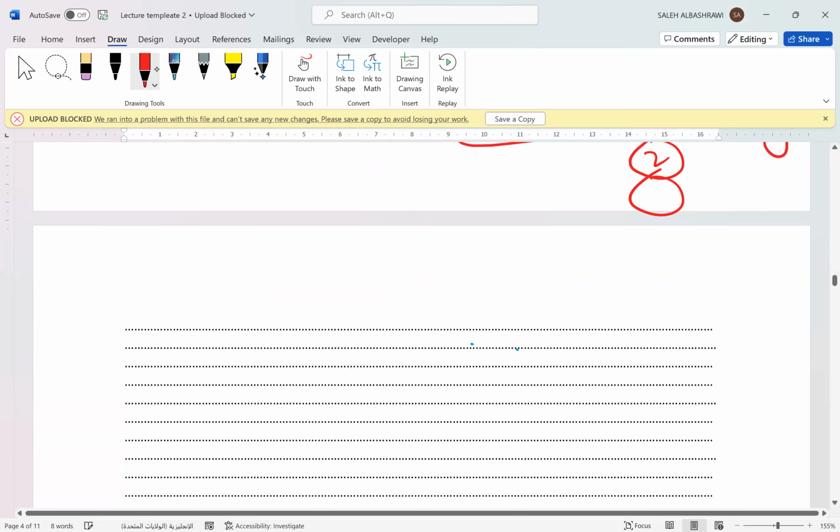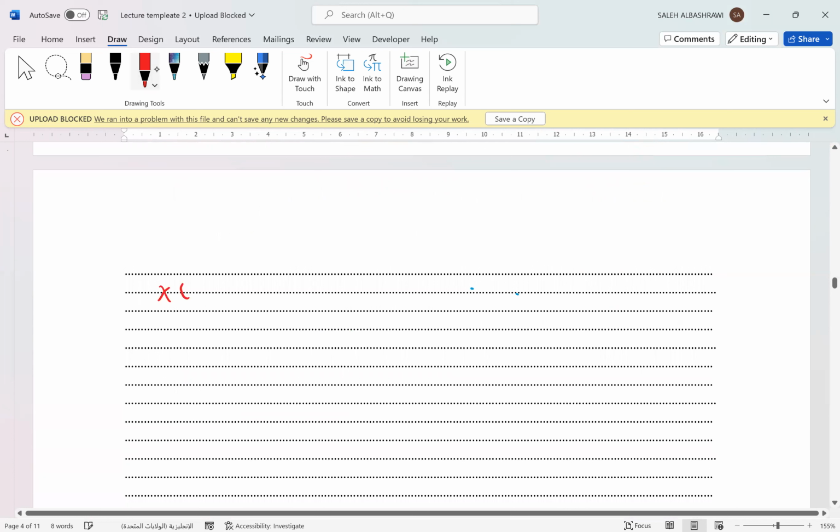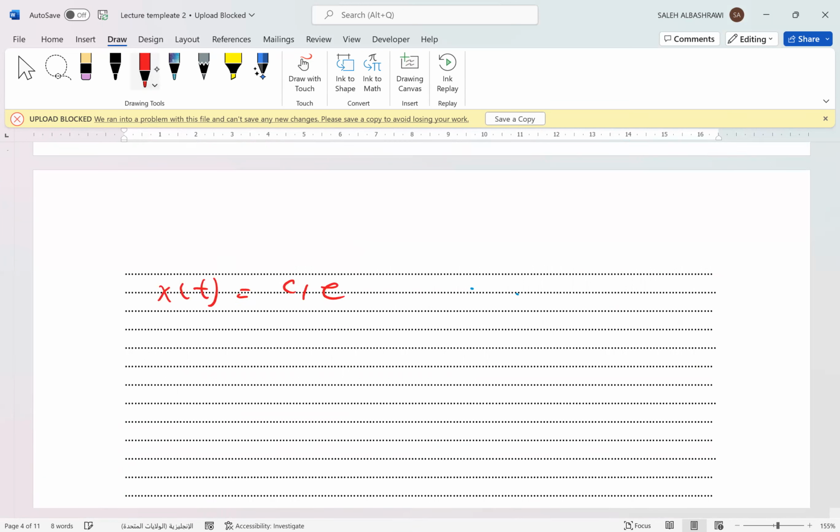Because of this, the solution x of t would be c1 e to the power t plus c2, since we have repeated roots for the given auxiliary equation, t e to the power t.